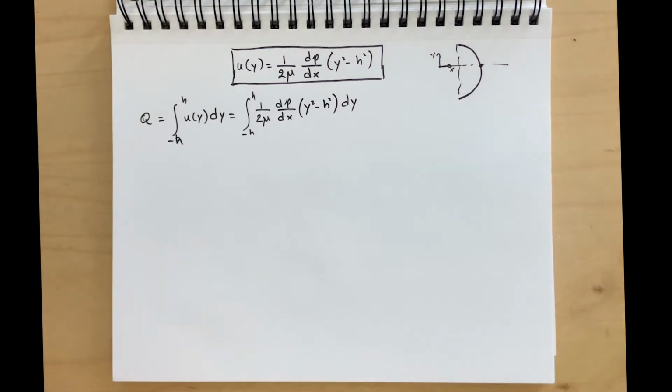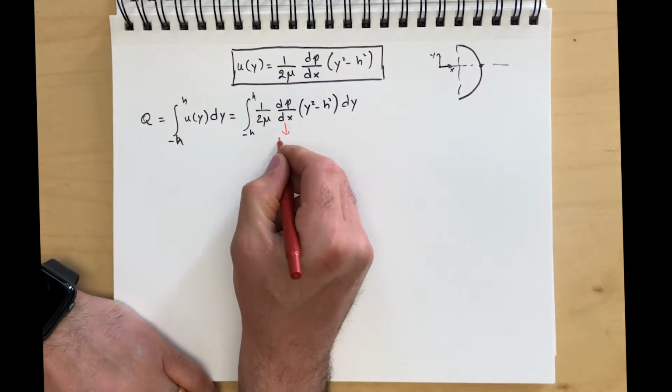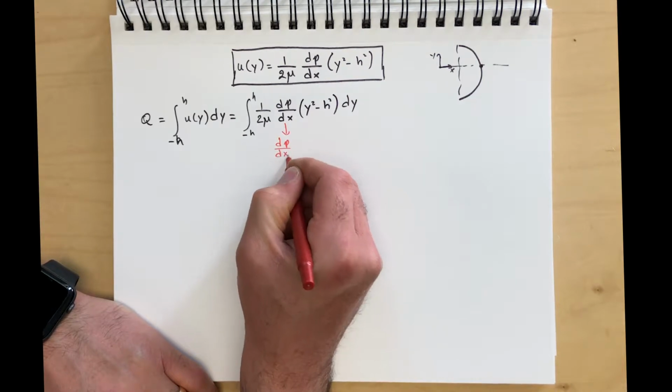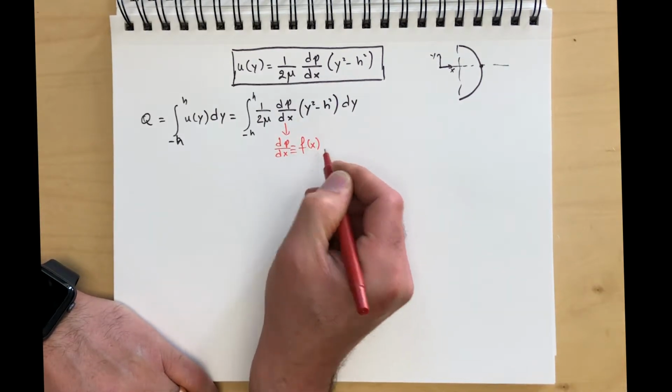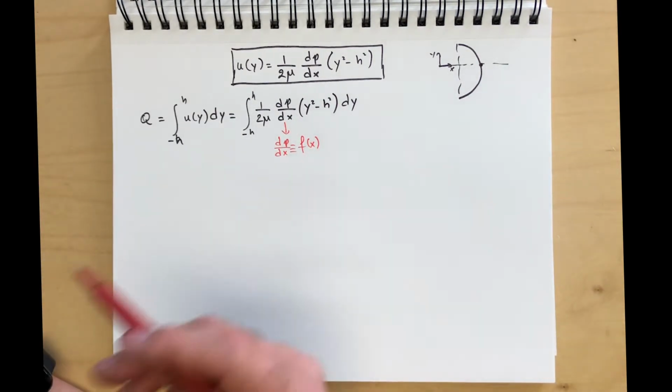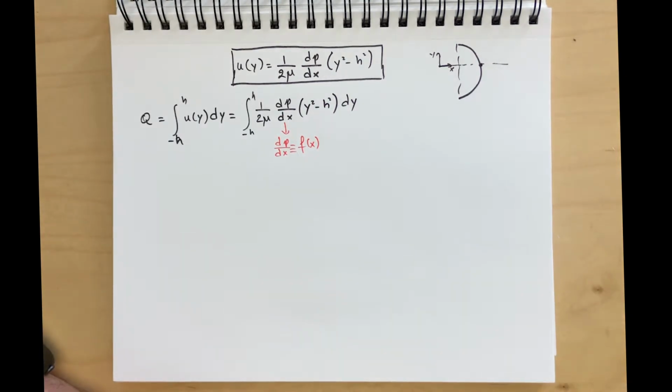Now dp by dx is a function of x only, and you can show that from the other two equations, where you can show that the pressure is just a constant plus a function of x, if we assume no hydrostatic variation in the y direction, or neglect that because we've neglected gravity.